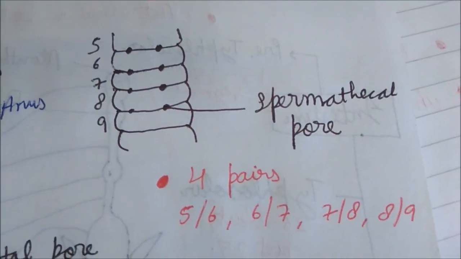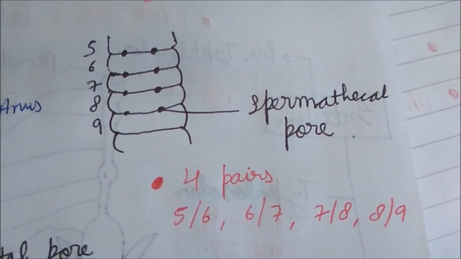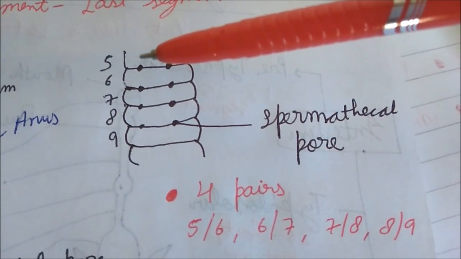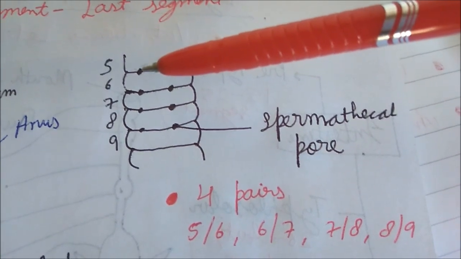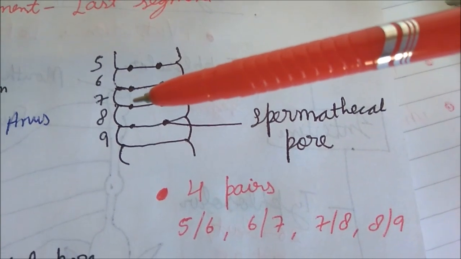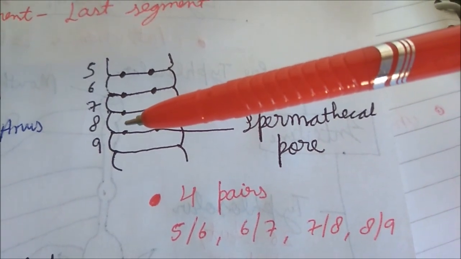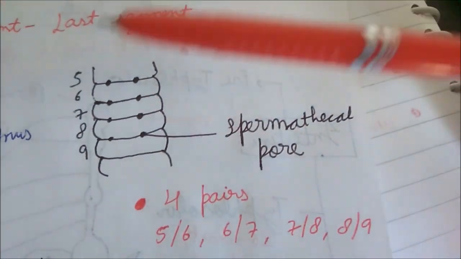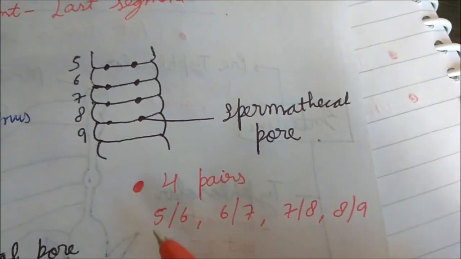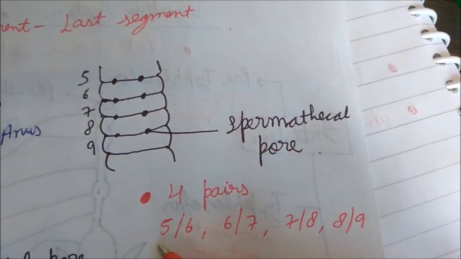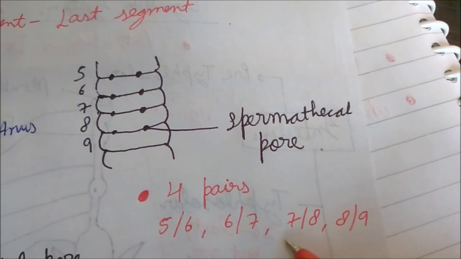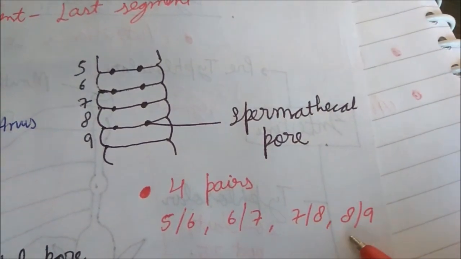This is a diagram of spermathecal pores. They are located in between the 5th and 6th, 6th and 7th, 7th and 8th, and 8th and 9th segments. So these are one, two, three, four pairs.